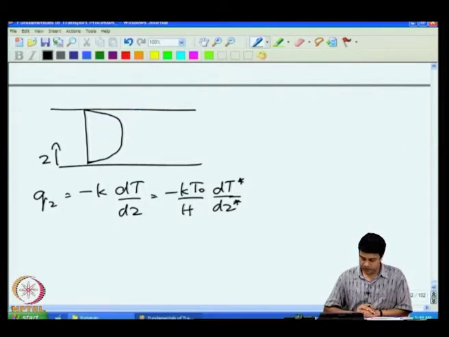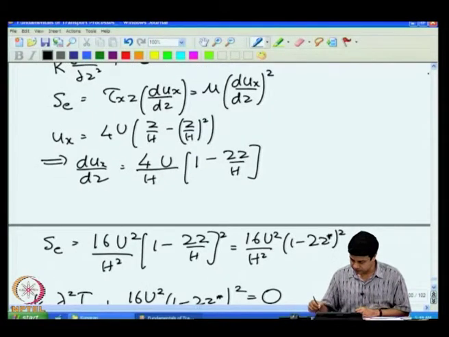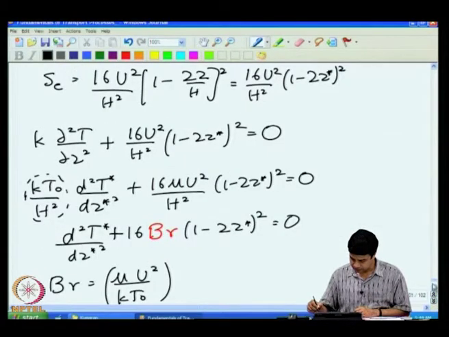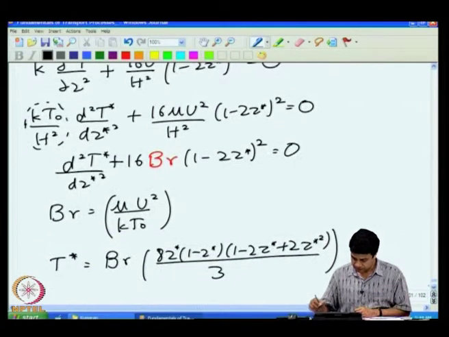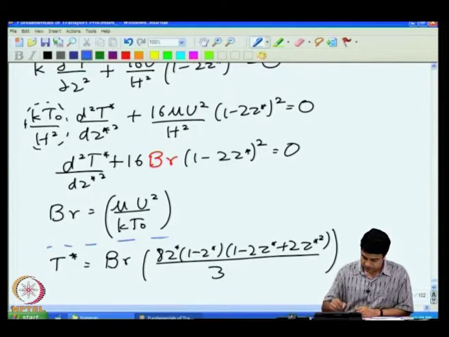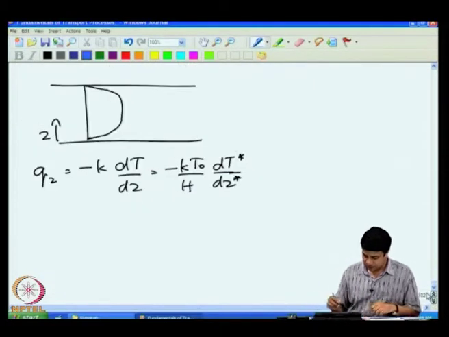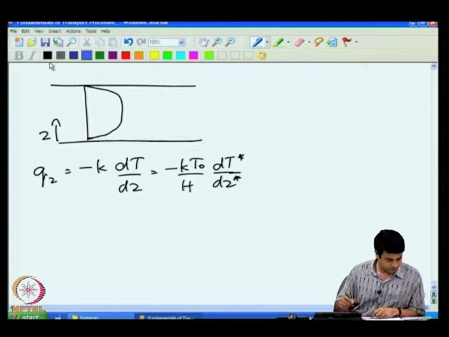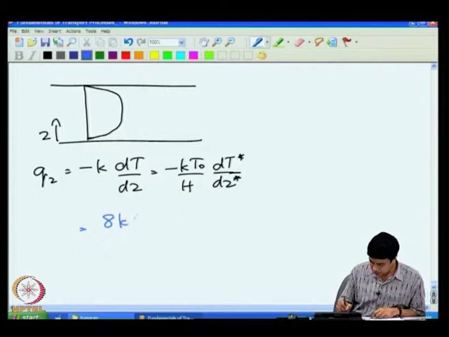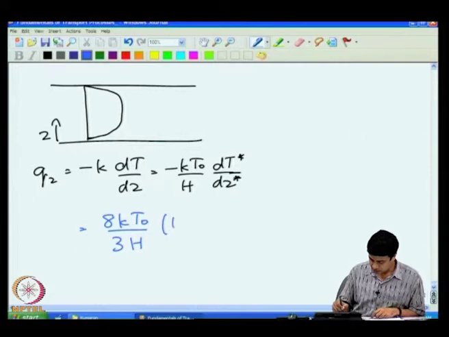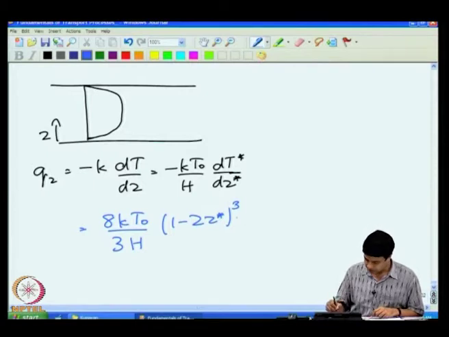And if I put in this expression for the temperature profile, what you get is that Qz is equal to 8 k T naught by 3 h into (1 minus 2 z star) the whole cubed, into the Brinkman number.